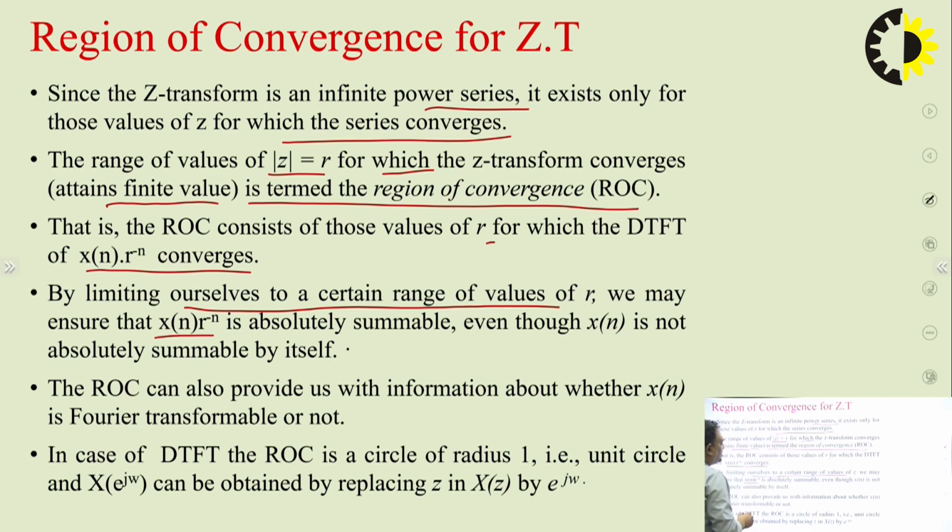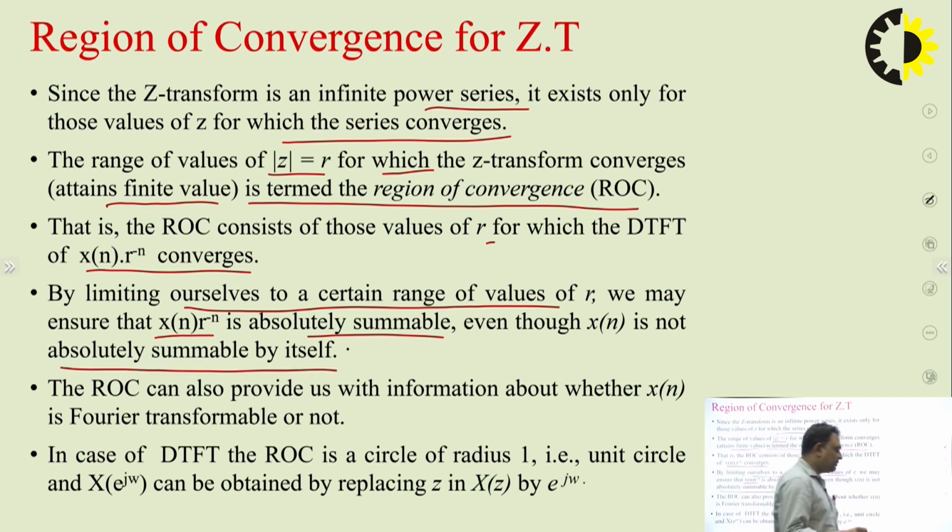Now, by limiting ourselves to a certain range of values of r, we may ensure that x[n] into r to the power minus n is absolutely summable, even though x[n] is not absolutely summable by itself. Let us suppose you are given a signal for which you cannot apply the DTFT because that signal is not absolutely summable. If you take the signal x[n] into r to the power minus n, then it is possible that for a specific range of r values, that signal will become absolutely summable, which was previously not.